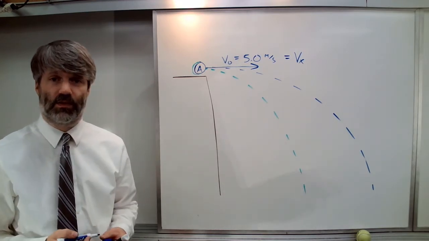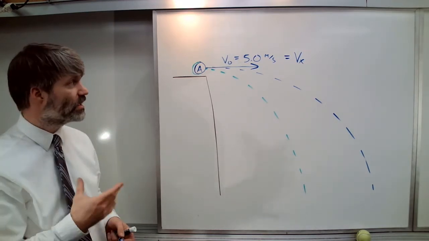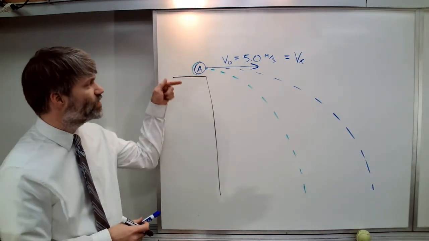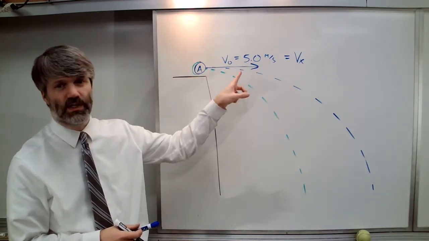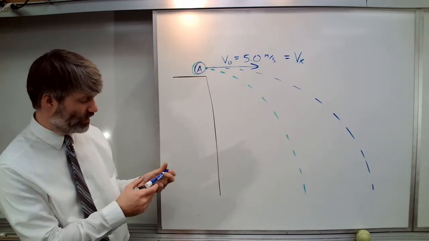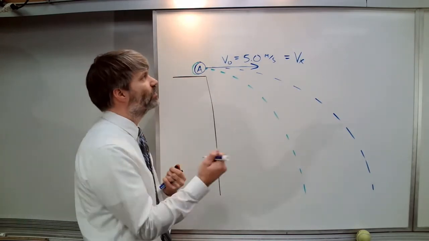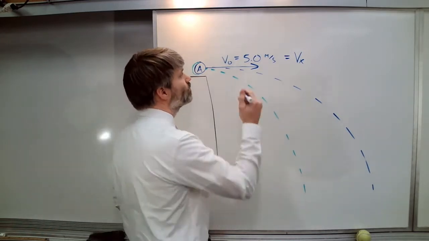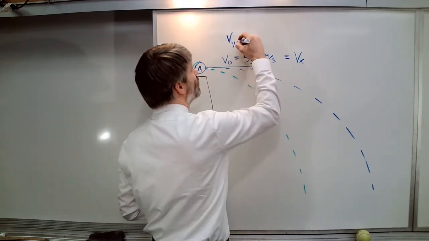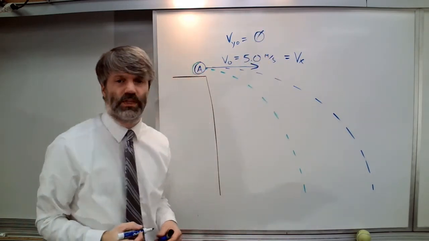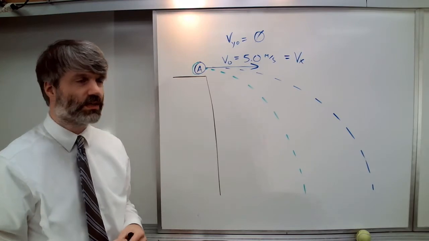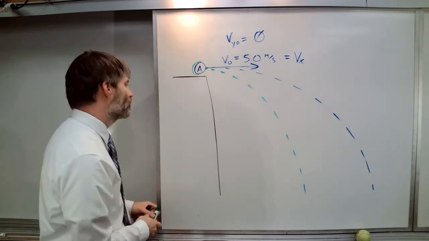Nicely enough, we can see too what the vertical initial velocity is. If it's shot off horizontally, and this is the vector that represents it, then Vy initial is 0. That's a great initial velocity to have.